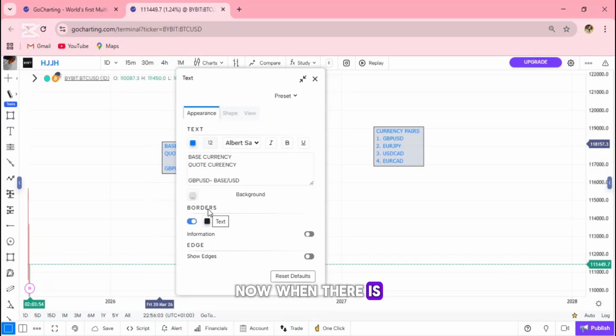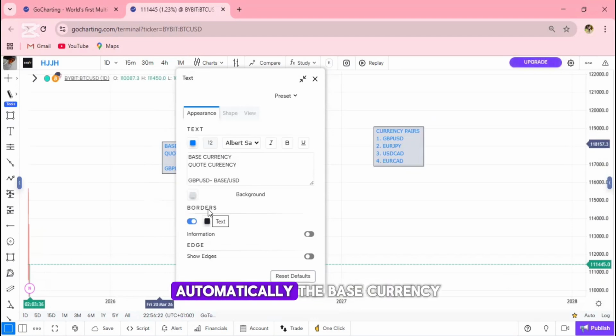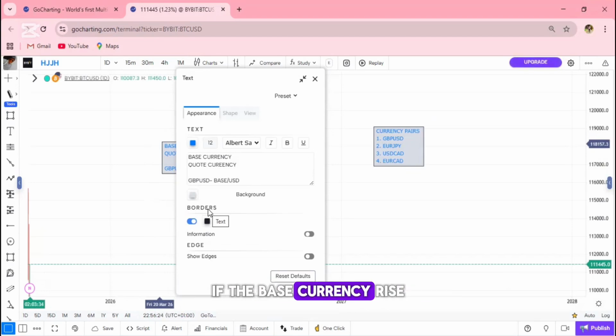Now, when there is a transaction going on with these pairs, if your fundamental or your technical analysis tells you that it's time for the base currency to go up, then if the base currency rises, the quote currency should drop.